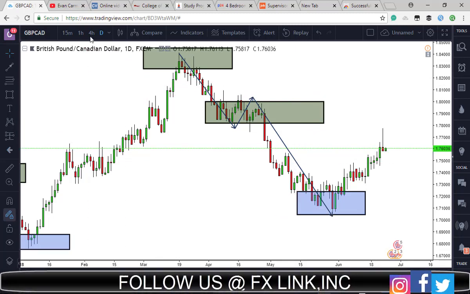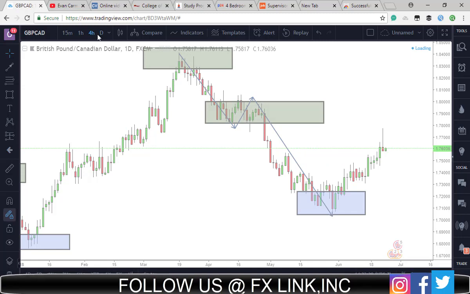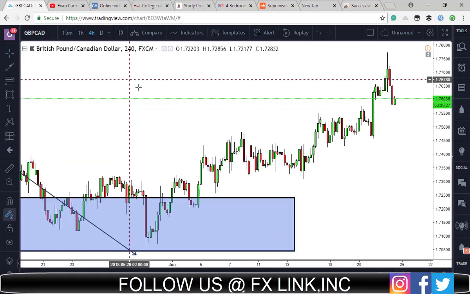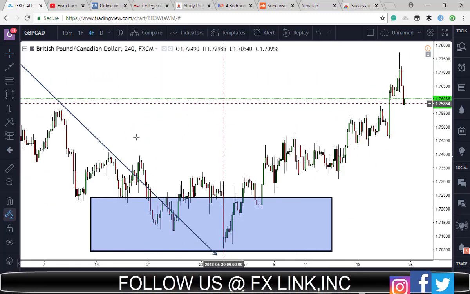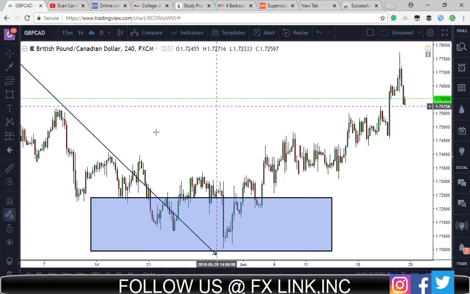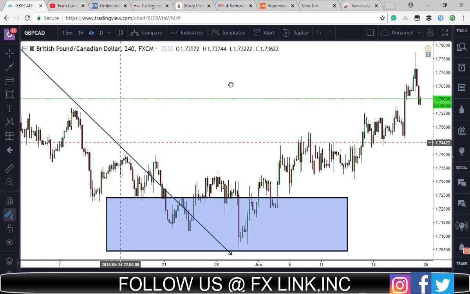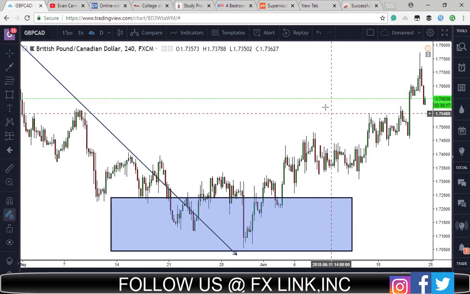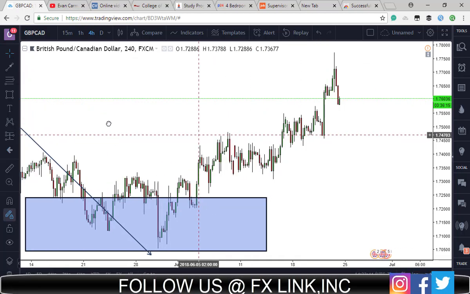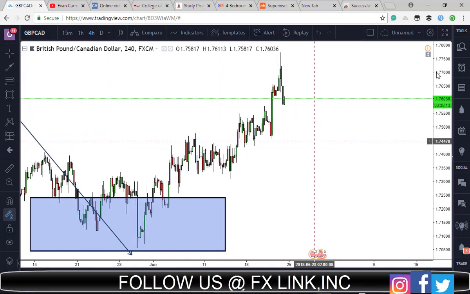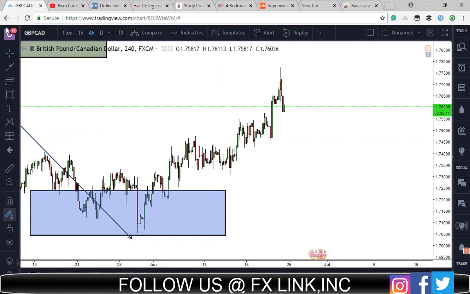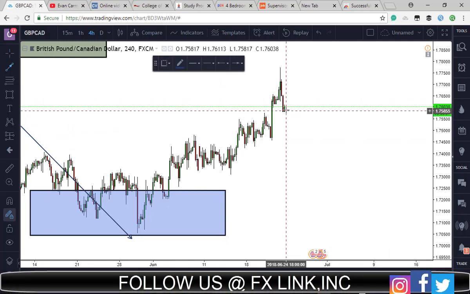So, turning to the 4-hour. This is another pair where we might expect to get a trend continuation opportunity. Just give me a minute. Quite similar to what we were looking at on the USD CAD.